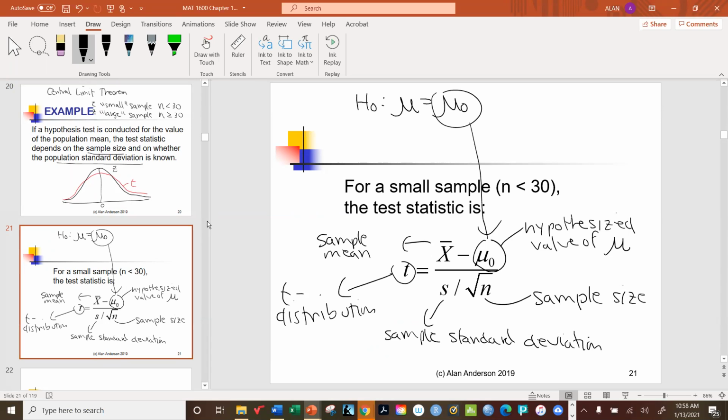So all of that will give us a single number, which will help us determine if we should reject the null or not. The larger this number, the more likely we are to reject the null. So you'll see that as we go along.